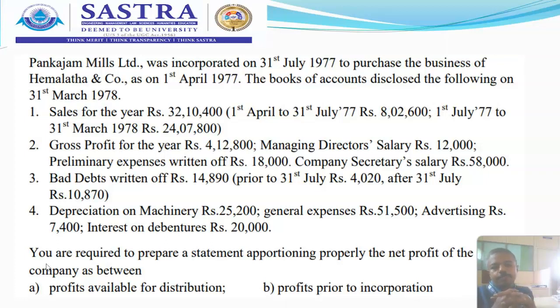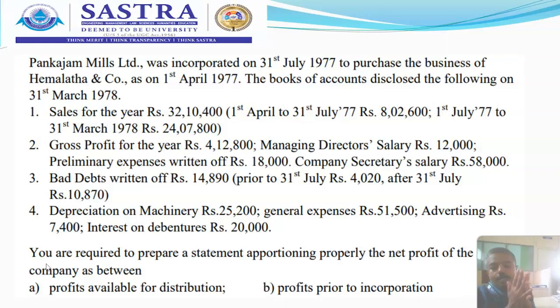Sales for the year is 32,10,400. It means 32,10,400 is for the entire year. Then how much would be before incorporation, and how much would be post incorporation? If it is not given, we can calculate.